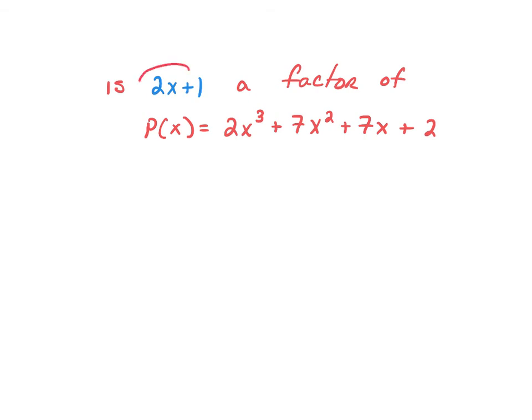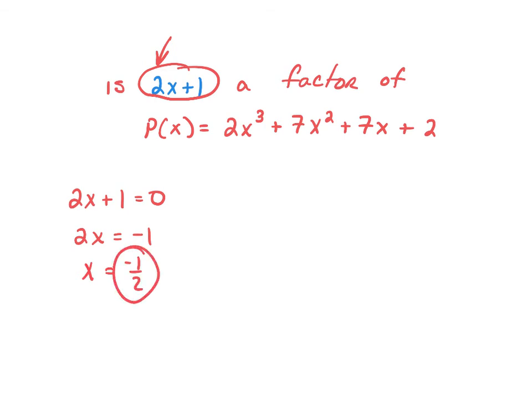Now, if you have a binomial where this a value is not a 1, you still want to go through the process of finding its 0. So I set it equal to 0 and I solve it. Oops, divide by 2 here. There we go. So this is what I'm going to use my synthetic division with.